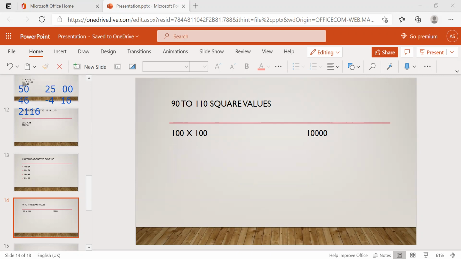What's the 100 square? 10,000. I'm taking this 10,000 in two parts: one is 100 and another is 2 zeros, just like 25 and 2 zeros.